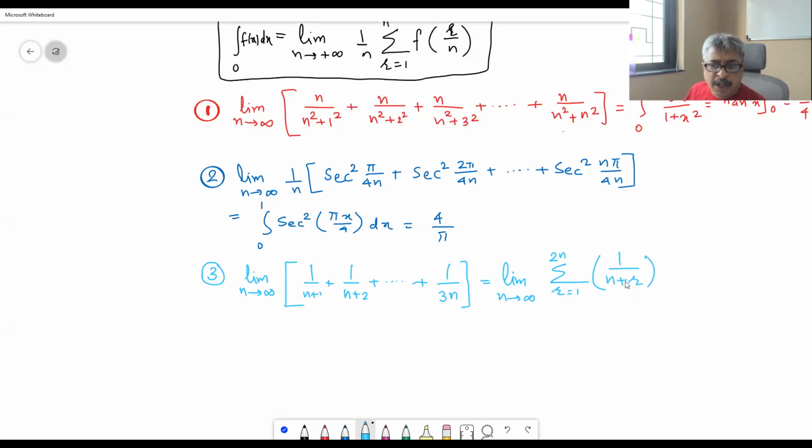So when we develop formula, this was n, now it is 2n. So how many parts are made? Total number of parts 2n.